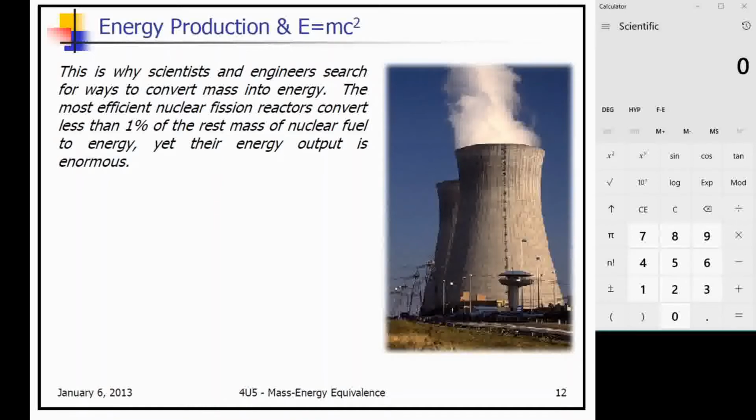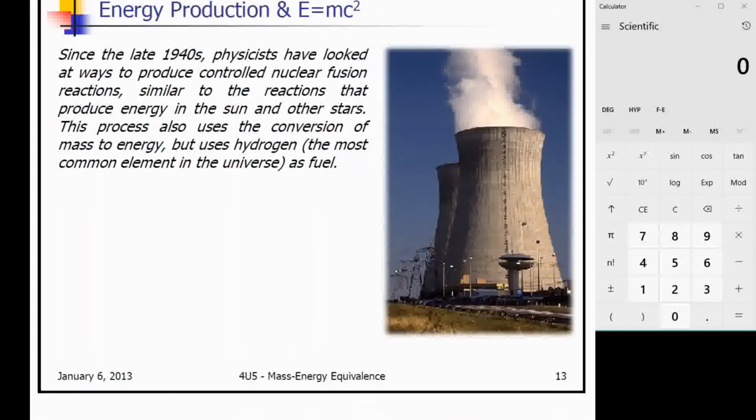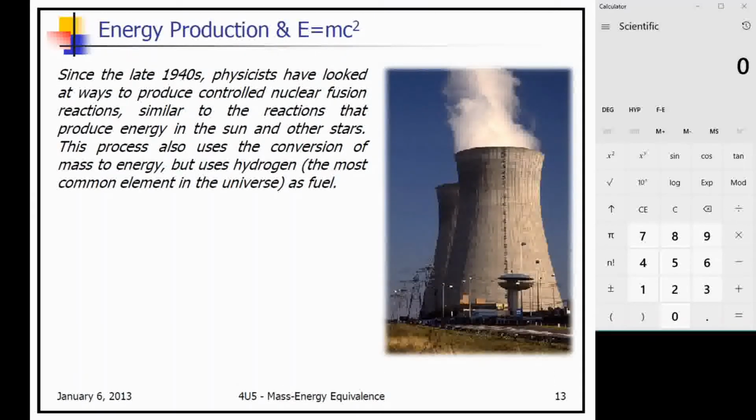Even with the nuclear fission technology that we have now, it only converts 1% of the nuclear energy that's available, and that 1% is an enormous output. So if we can get better than 1%, nuclear energy provides an opportunity to get a very large output of energy. Of course, there are also the safety and social aspects of it, which we're working on as well.